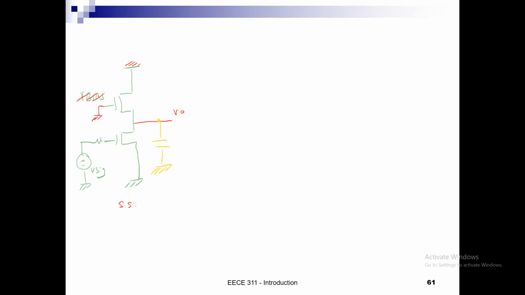Okay, so how would you find the 3 dB frequency using OCTC? What are the steps? Step number 1, open circuit all other capacitors. This is the only capacitor that I have, right? So I keep my capacitor, which is C load. Step number 2, set the signals to 0, right?